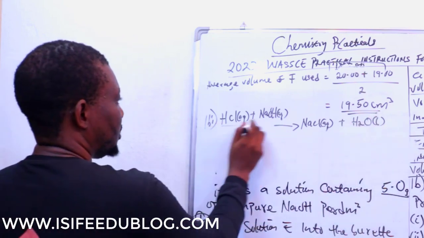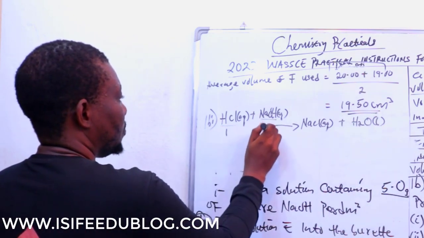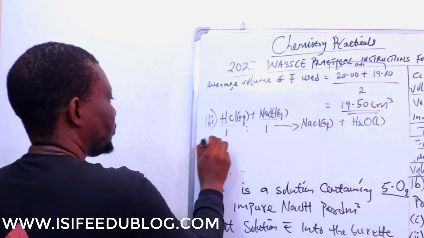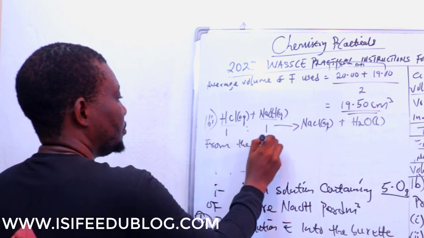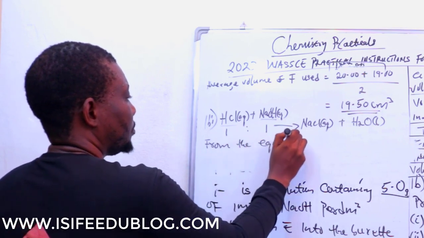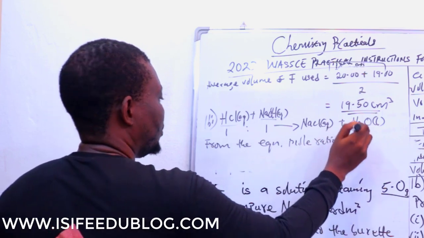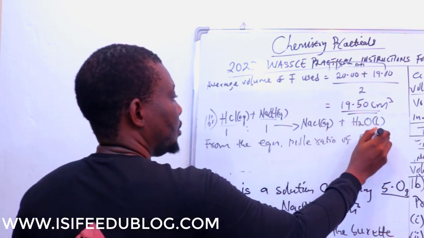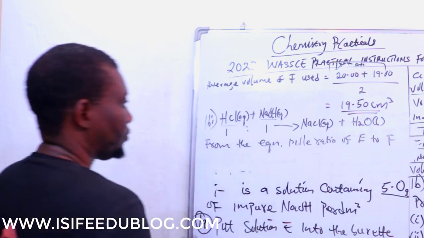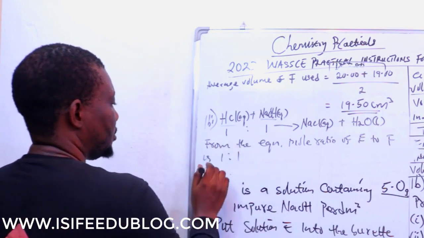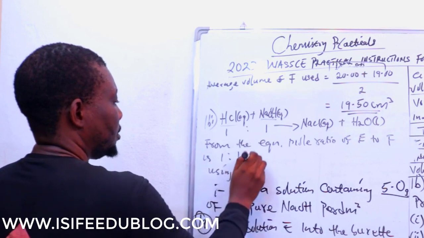The mole ratio of these two is 1, this is also 1. So from the equation, the mole ratio of E to F is 1:1.